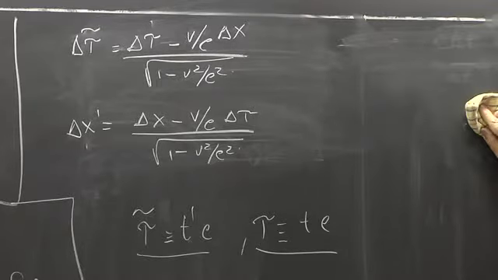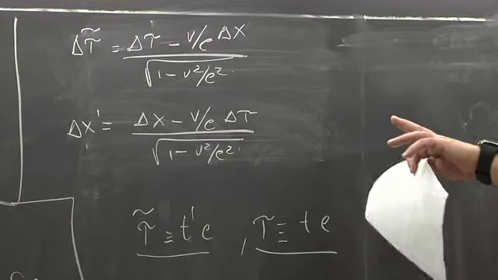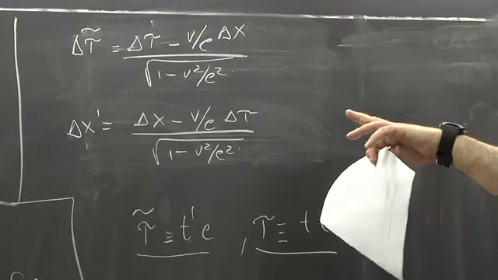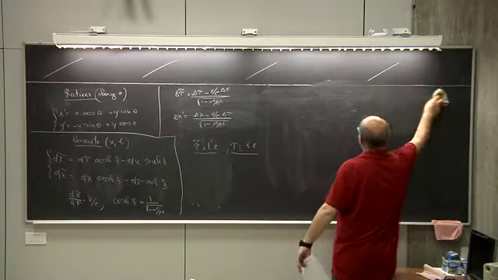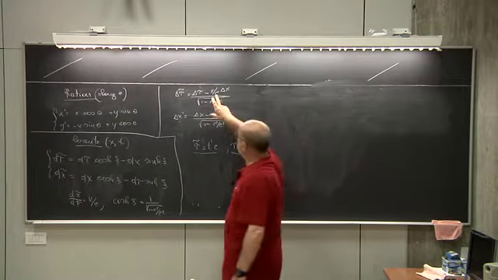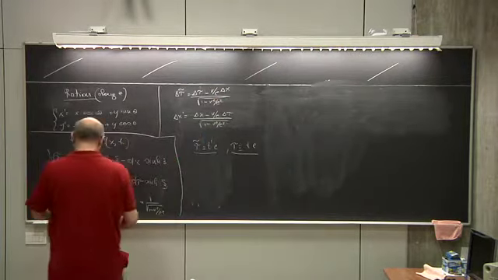I said, can I cancel? But that one I rewrote here, this one I rewrote there. Okay. Now let's manipulate this one and see if we can get into this form.